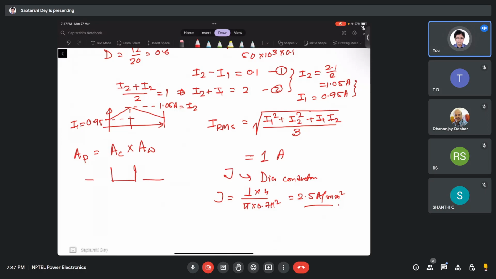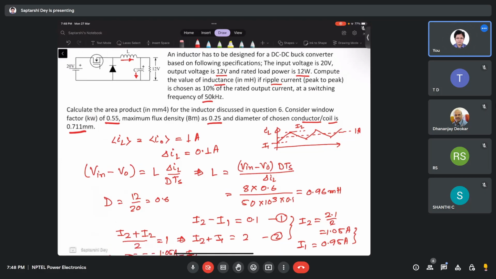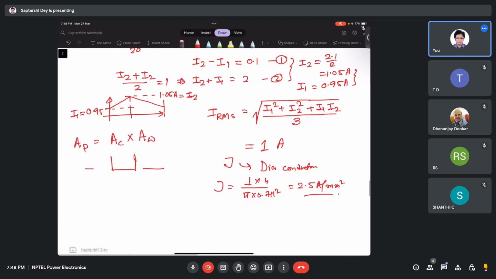Now the current is like this, so we have to make sure that at the peak value of the current the maximum flux density is not more than 0.25 Tesla.